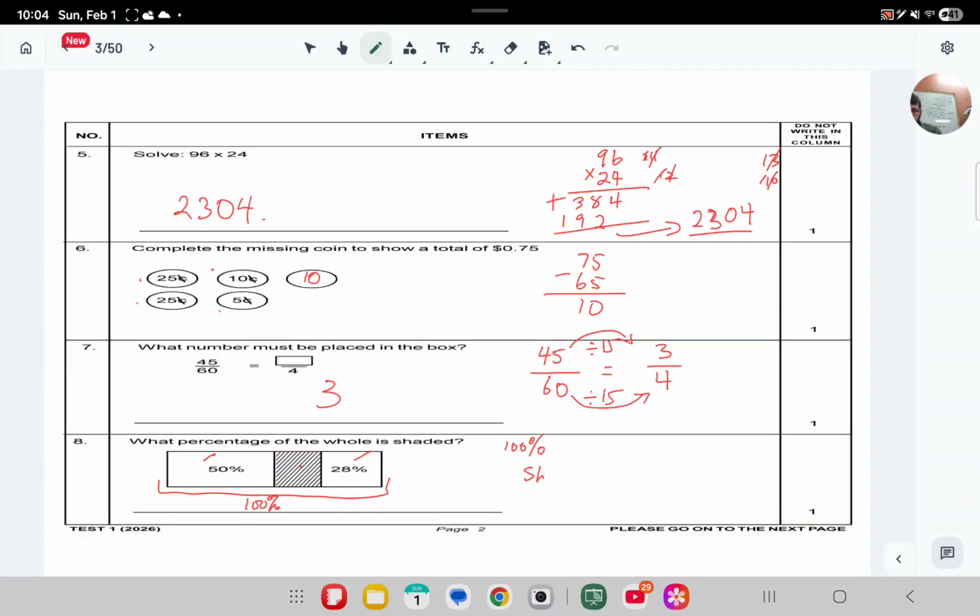So the shaded portion would be, from the whole, we take away the sum of the given values. So you add 50% and 28%, which is 78%. Take 100% away 78%, which will leave us with 22%. So the answer is 22% for the shaded portion.